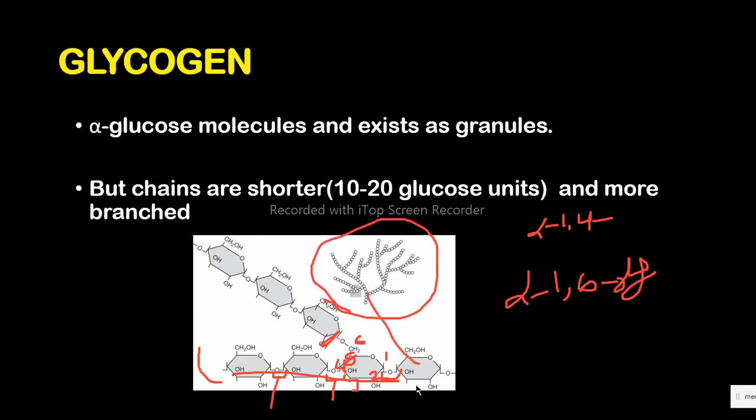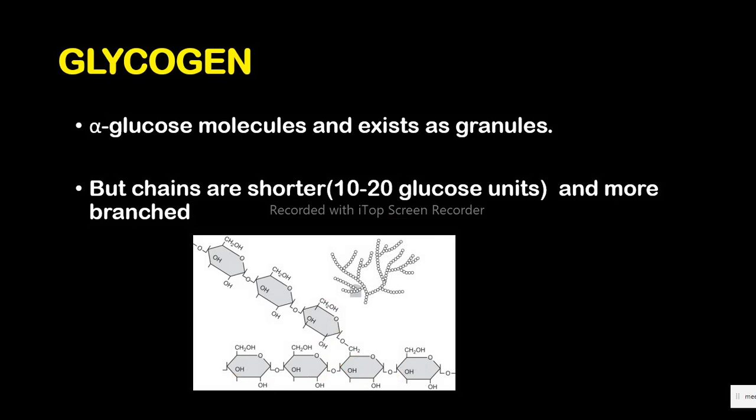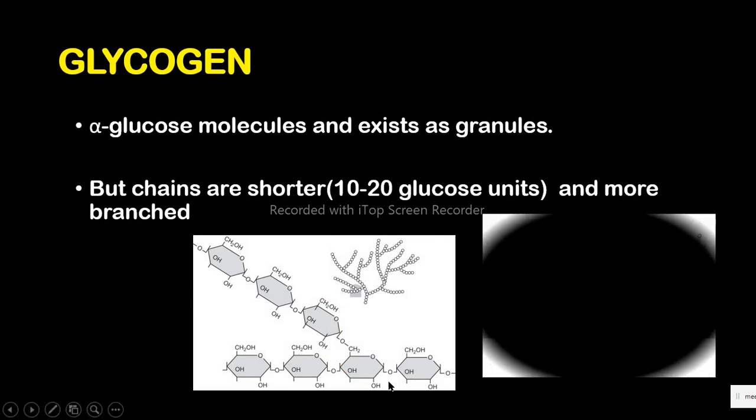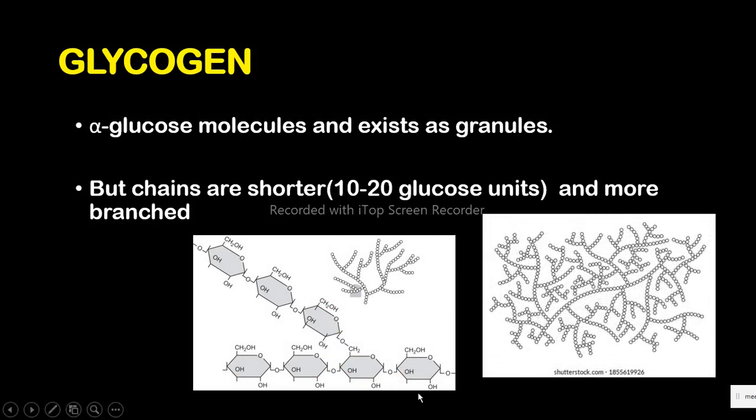As if this is not enough, look at this, look at that. So that's your glycogen: highly branched, and they are short chains. The chains are relatively short compared to starch.